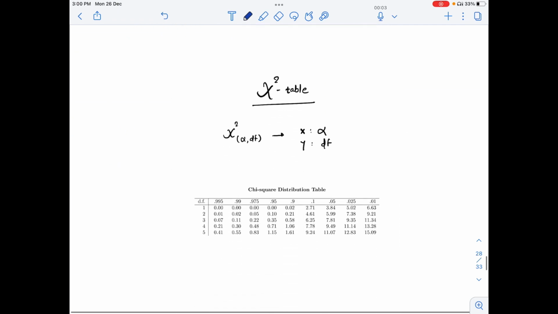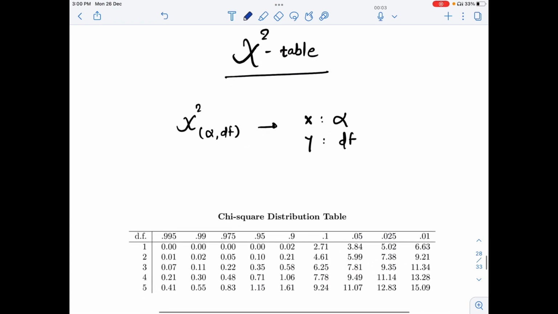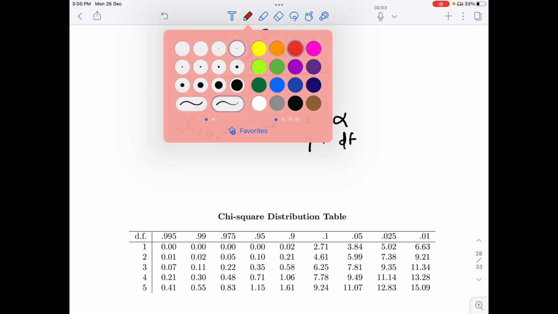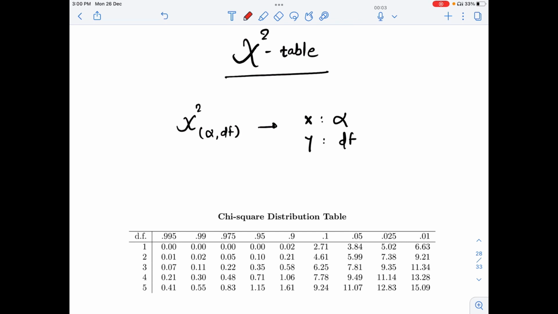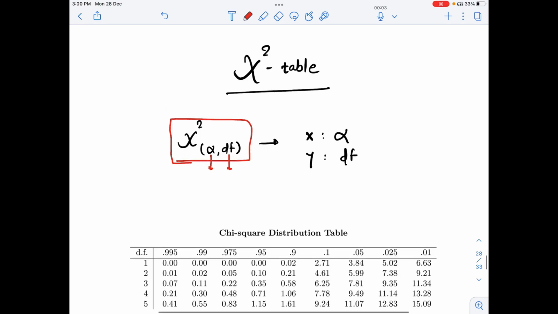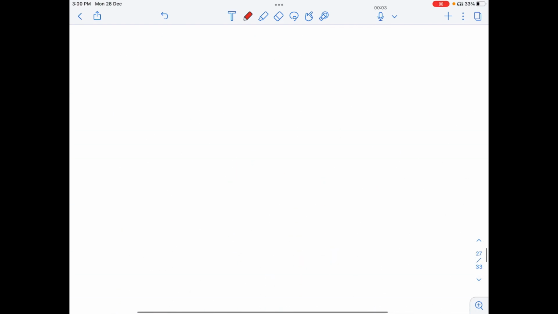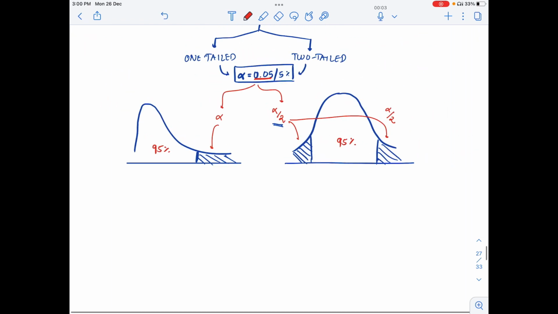Next is the chi-square table. I have already discussed this while explaining the chi-square test, but we will take a look at it again. This is the notation for the chi-square tabloid value, where x is alpha and y is degrees of freedom. I forgot to mention that for T tabloid also the notation is the same, 0.05 on the x axis and degrees of freedom on the y axis.